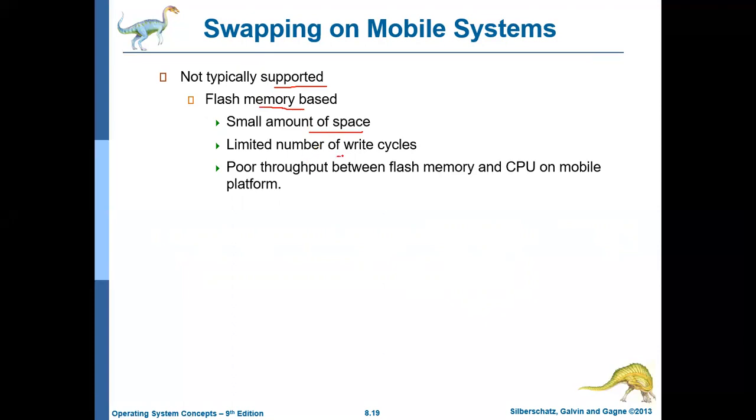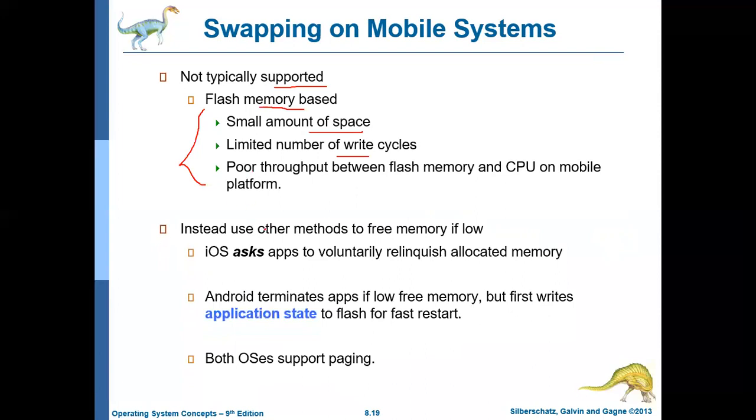You cannot perform many write operations on this flash memory. There is a limit on the number of write operations that can be done. After that it will become unusable. Okay, and also there is poor throughput between the flash memory and the processors used in the mobile platform. Because of these reasons, generally mobile phones don't support swapping.